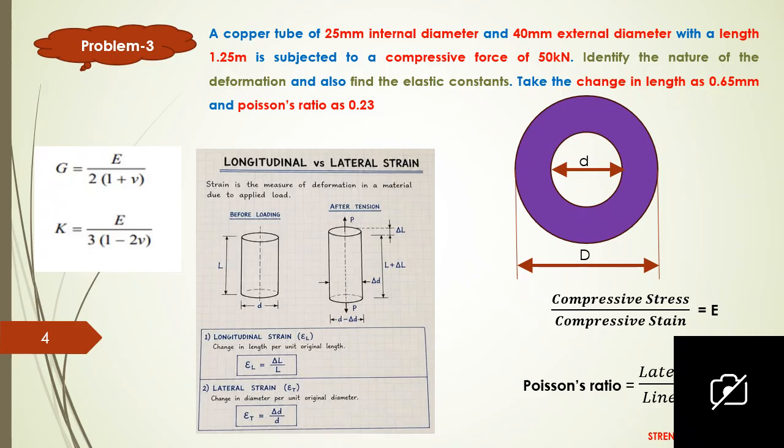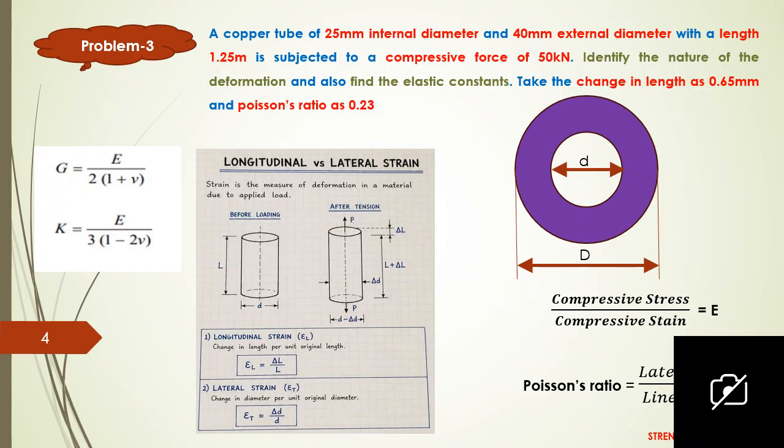Take the change in length as 0.65 millimeter and Poisson's ratio as 0.23. The previous two problems we solved for solid sections, solid steel rods.